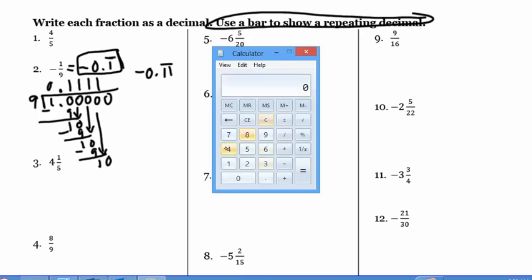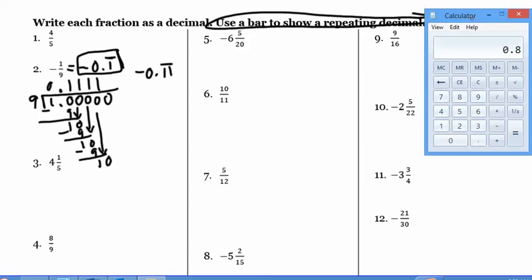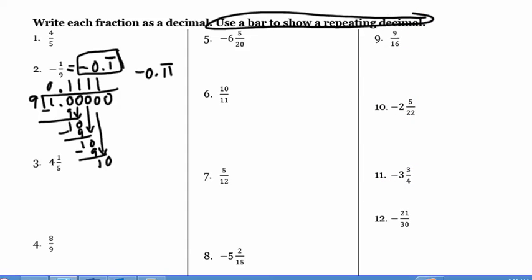If we want to check number 1, we have 4 divided by 5, it's 0.8, so that works out. So that's a method you can always do to check, and I'm fine with using that to check. Not to do the work, but to check it. That's completely fine.